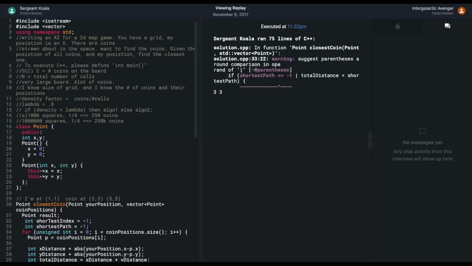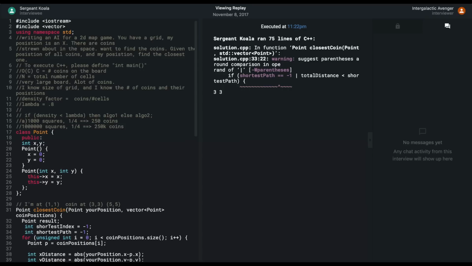So if I have 1,000 squares and we're dealing with the 1/4, then the cost of the breadth first search is going to be 4, and that was also true with the 1,000,000 squares. It's also going to be 4.